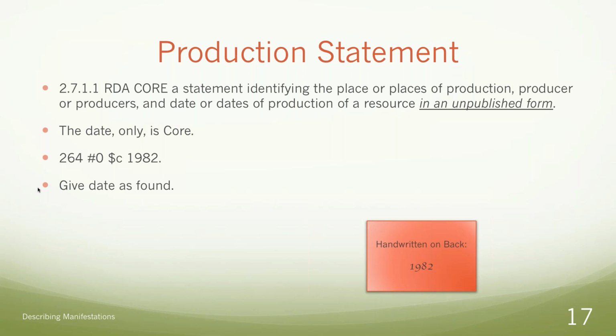So we will give that in a 264 field with a second indicator 0, and then subfield C for the date, and just give the dates as found. If it gives a full date, like September 9th, 1982, then that's what you would record in subfield C. So take what you see, don't limit just to the year, give the full date as it appears in that subfield C.